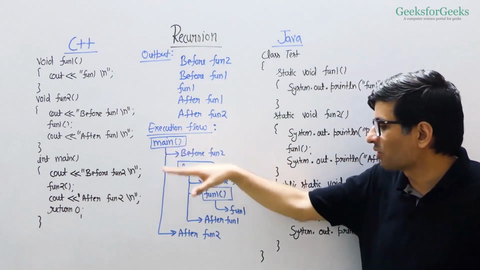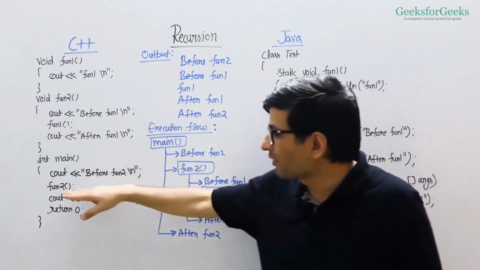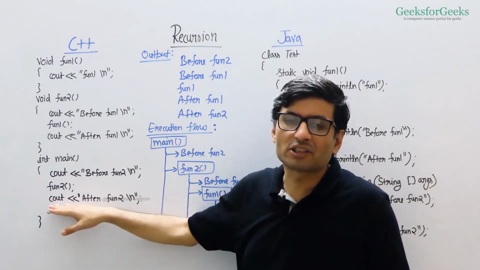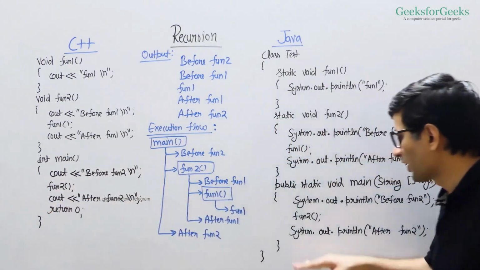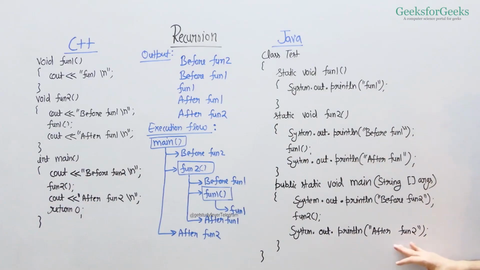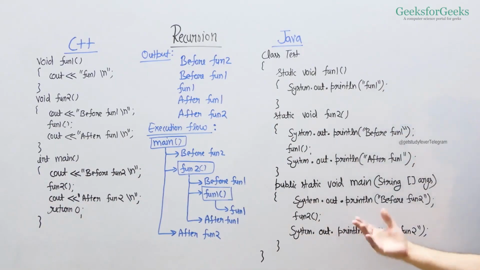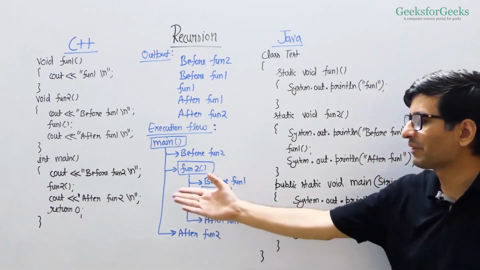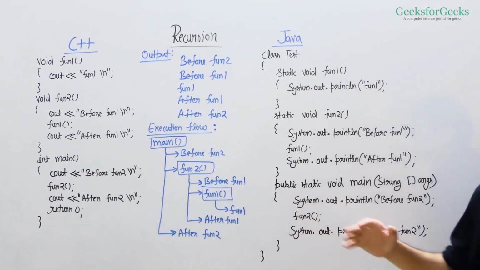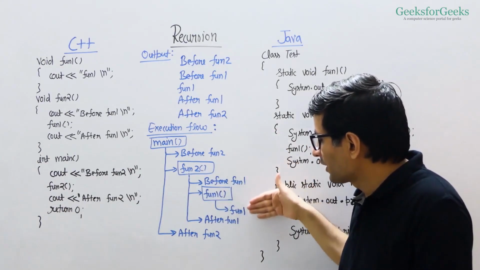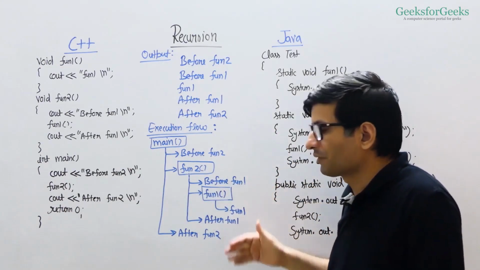Main was waiting for fun2 to finish, so main now executes the line after the call of fun2, and you get after fun2 printed on the screen. Then there's nothing more to execute in the main function. Here we have written 0, here we have nothing. So this is how we get this output: before fun2, before fun1, then fun1, then after fun1, then after fun2.